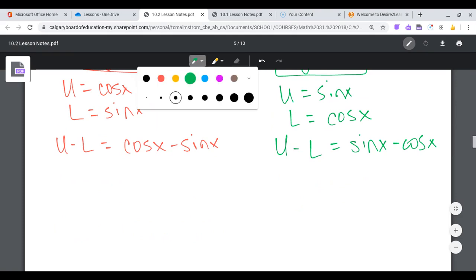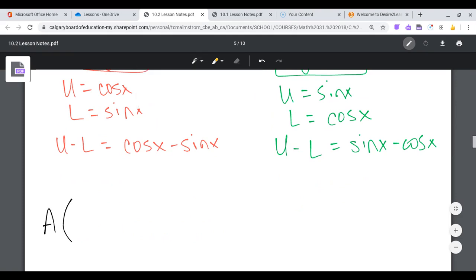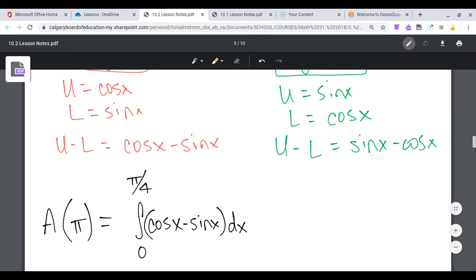So when I'm calculating my area, the furthest boundary is pi, the right boundary. But I have to do these in two chunks. I have to do my region 1 and my region 2. So region 1 goes from 0 to pi on 4, and that function is cos x minus sine x dx, plus region 2 goes from pi on 4 to pi of sine x minus cos x dx.